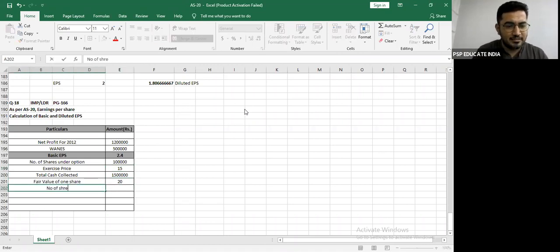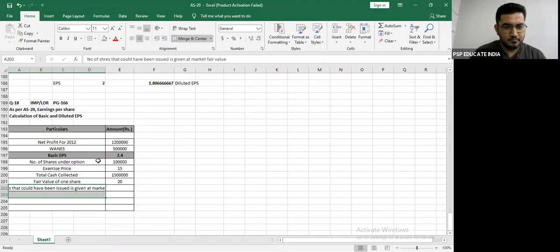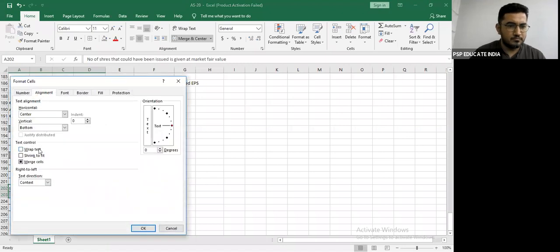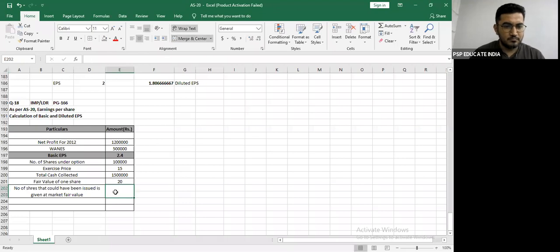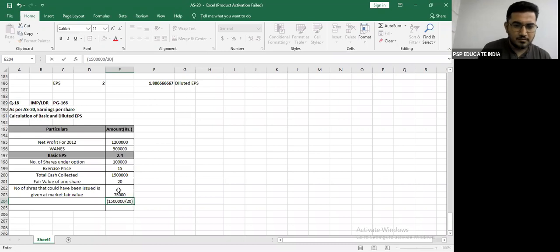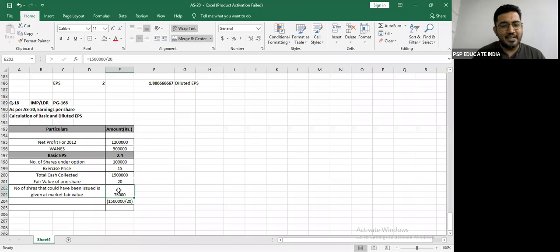Number of shares that could have been issued if given at market fair value is 15 lakhs divided by 20. Comes to 75,000.